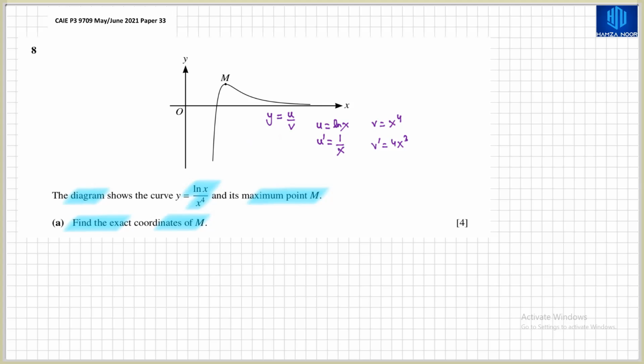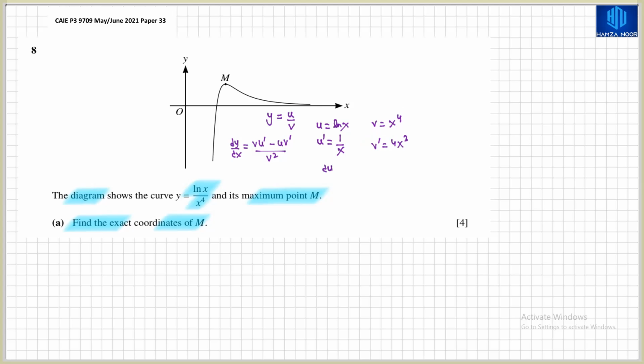When the curve is in the form y equals u over v, then dy over dx equals vu dash minus uv dash, completely divided by v squared. You need to remember this pattern, otherwise this formula is also given to you in the formula sheet.